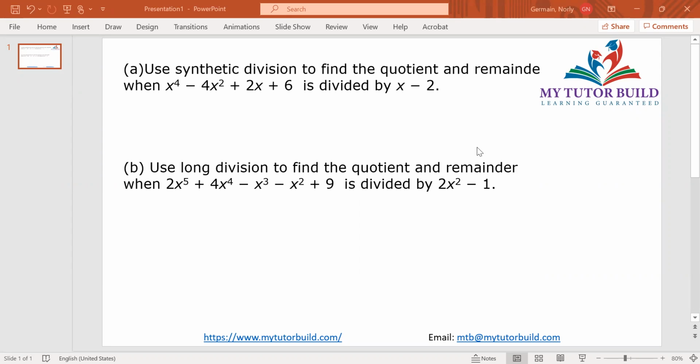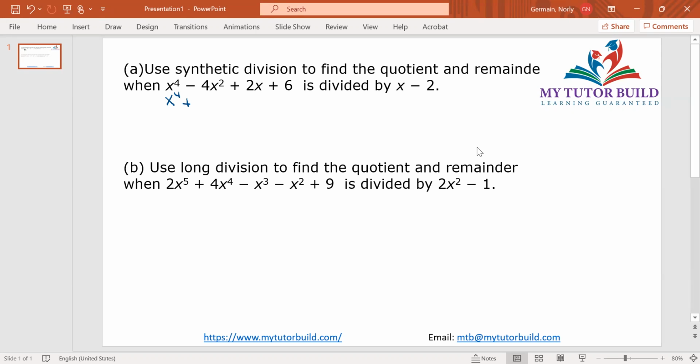First of all, before you start with the divisions, you need to make sure that the exponents are written in descending order. That means exponent 4, exponent 3, exponent 2, exponent 1, and exponent 0. So let's start with the first one. We see exponent 4 is fine.